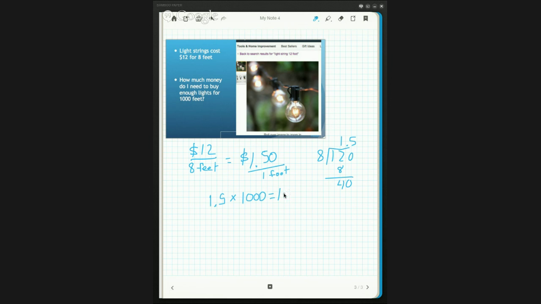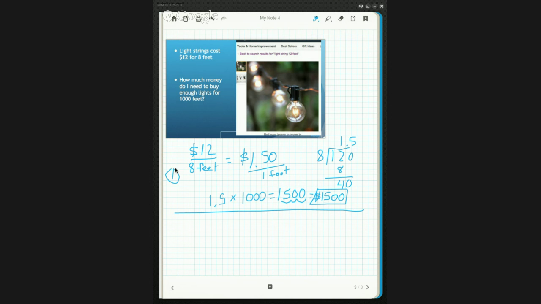So we take our 1.5, add a few zeros, and move the decimal 1, 2, 3. So that equals $1,500. Okay, and that's the first way of solving the problem.